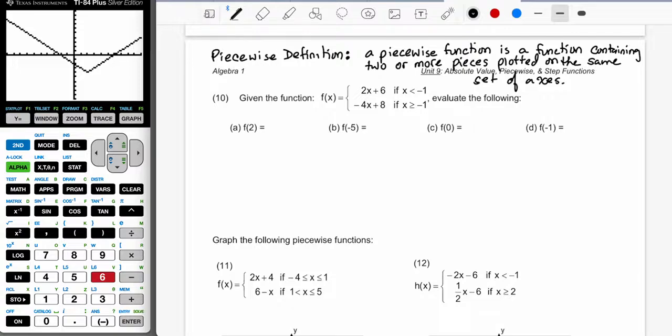A piecewise function is a function containing two or more pieces plotted on the same set of axes.